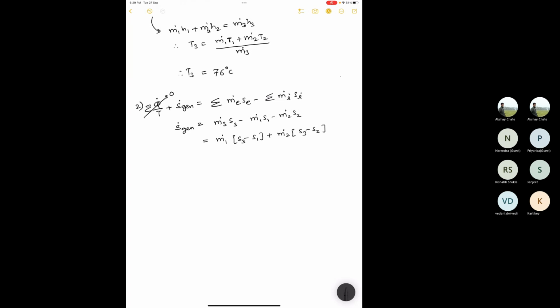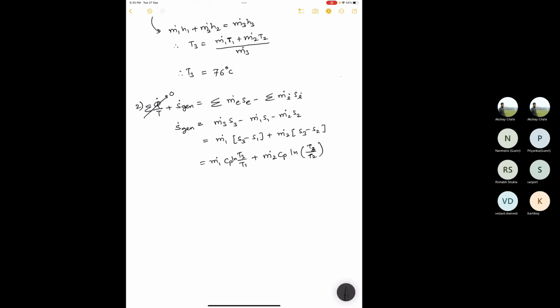So here you can just write m dot 1 Cp ln T3 by T1 plus m dot 2 Cp ln T3 by T2.